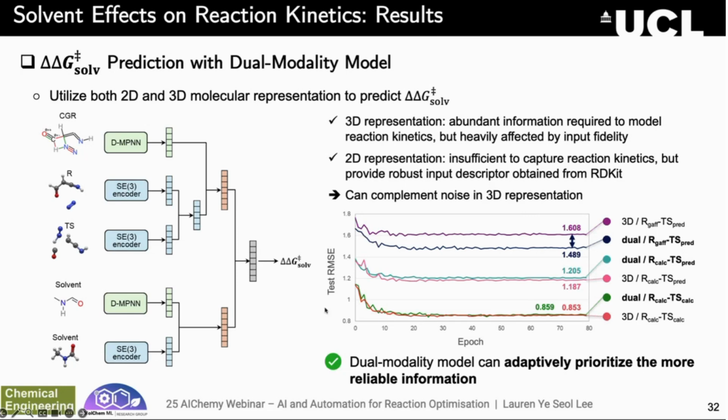By combining these 2 types of representation, we observed that the model can prioritize whichever representation is more reliable for a given reaction. And this led to the lowest overall root mean squared error and a more robust predictor of solvation energy.